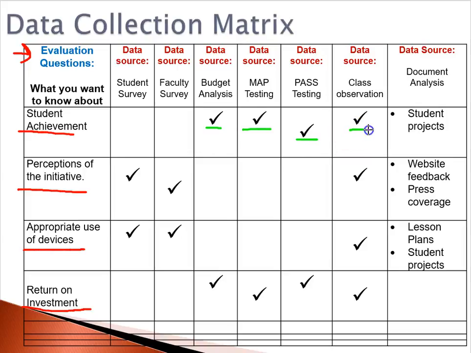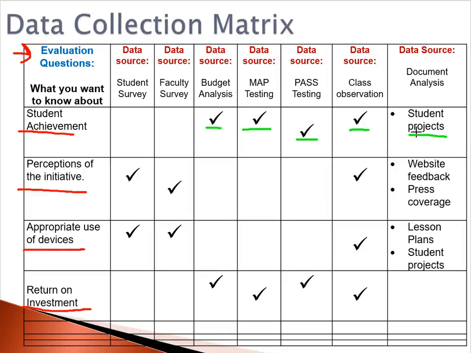We might get some of that data through class observations, or by doing some document analysis, looking at what students have done, manifestations of learning. Now, notice that if you're looking at student achievement, we're looking at some hard data. And a lot of that data already exists.